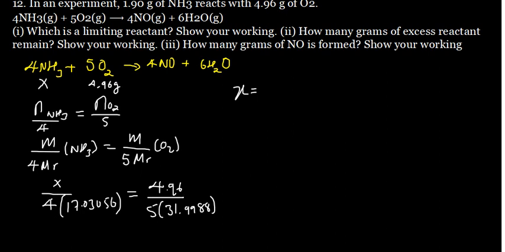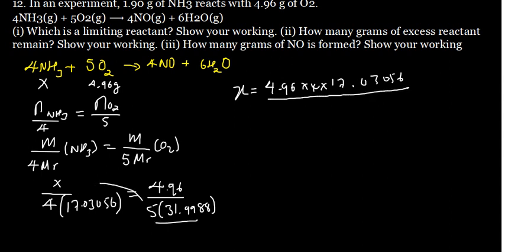That is going to be 4.96 multiplied by 4 multiplied by 17.03056, and then divided by this value which was supposed to multiply with X. So that is divided by 5 multiplied by 31.9988. So let's see what we get.